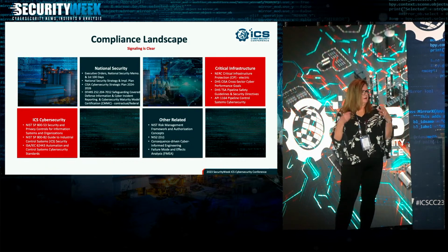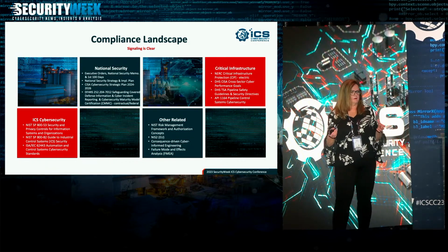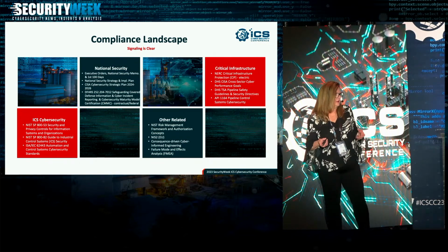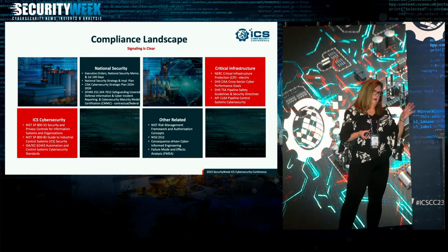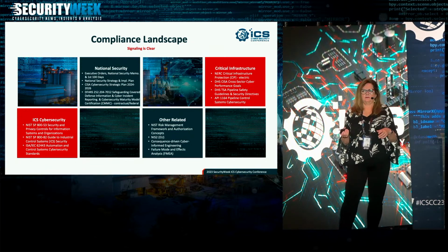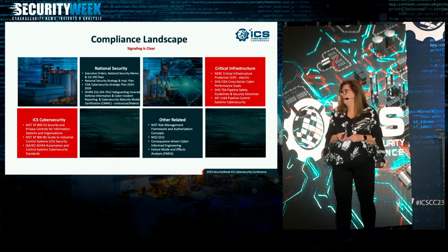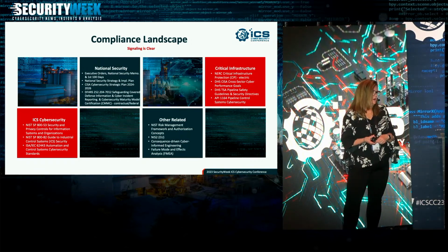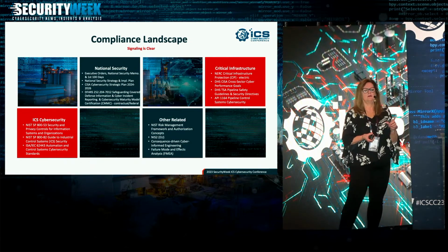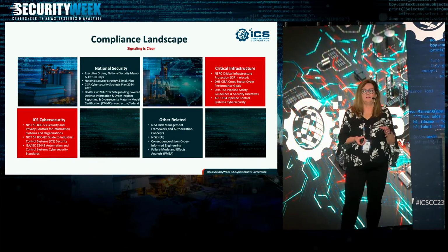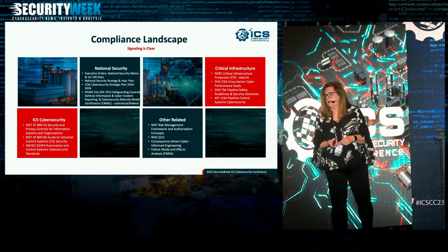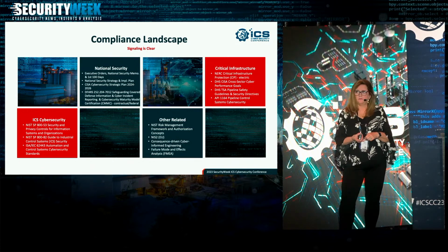So there's just a lot of things coming, and then there's a lot of things that are tied to that that can help you with the compliance program. Whether it's on the IT side, COBIT, or the NIST risk management framework, which can help you with any of it. And then, of course, we'd heard a few people talk today about the Idaho National Labs consequence-informed engineering, cyber-informed engineering and the consequence-driven cyber-informed engineering.